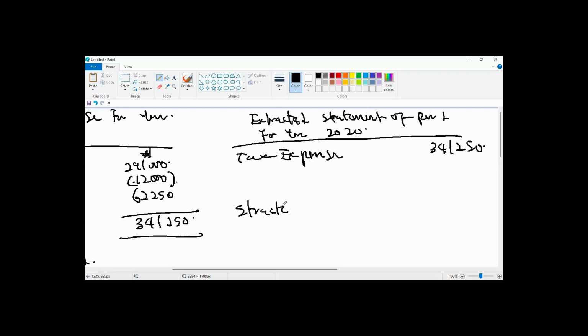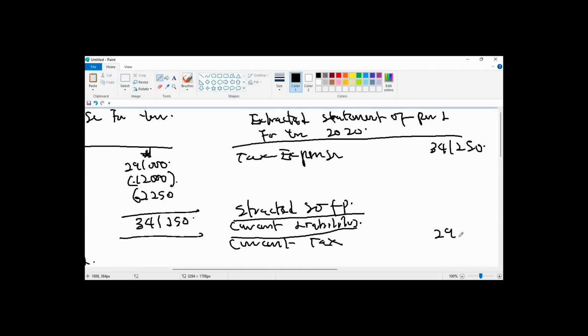Extracted statement of financial position, current liability, current tax, which is 29.